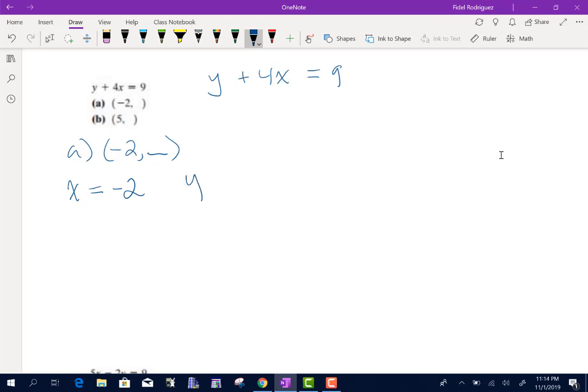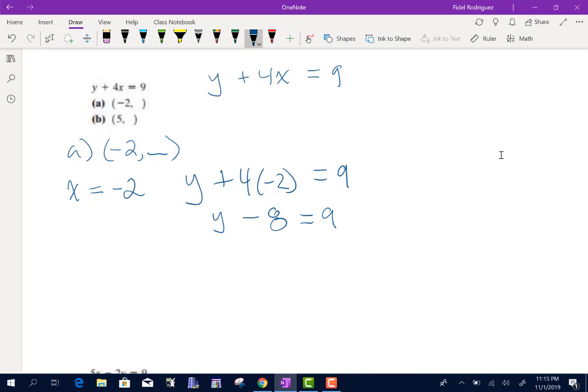So I'm going to come to my equation. I'm sorry, not y equals, but y plus 4 times negative 2 equals 9. So 4 times negative 2 is negative 8, so y minus 8 equals 9.